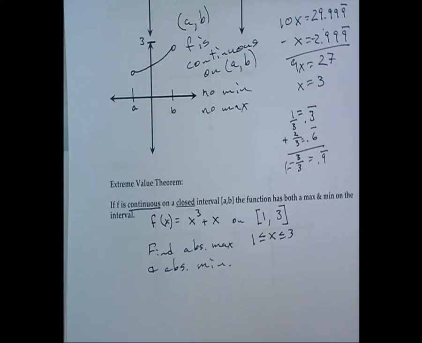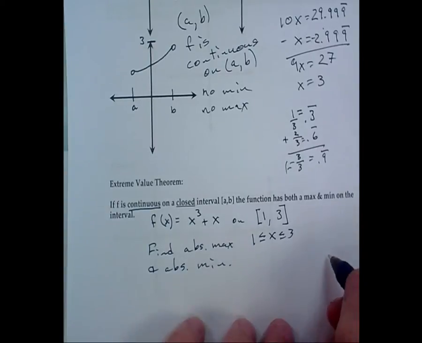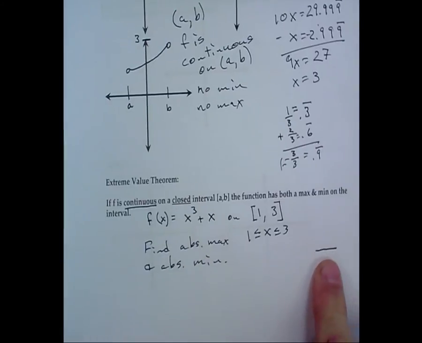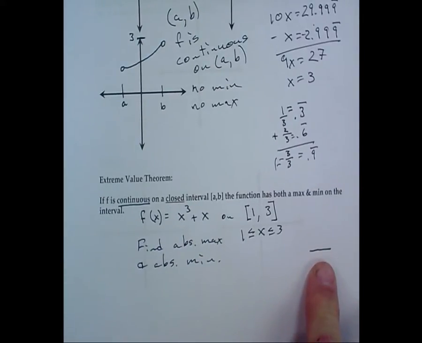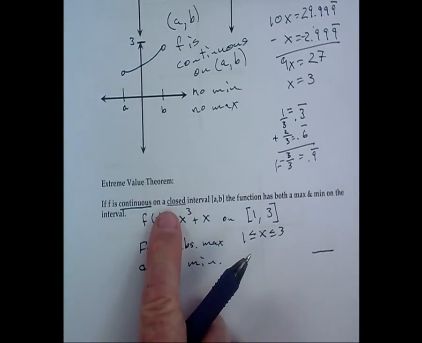Now, there can be more than one. If I have a horizontal line, if I have this, the maxes and mins are equal to each other, correct? And there's an infinite number. The theorem doesn't say that there's only one. It says you can find them. And you don't have to look at every single spot.